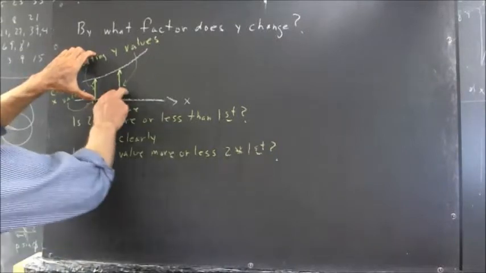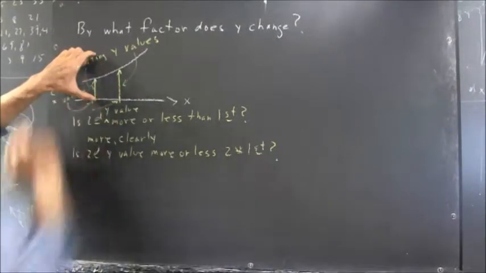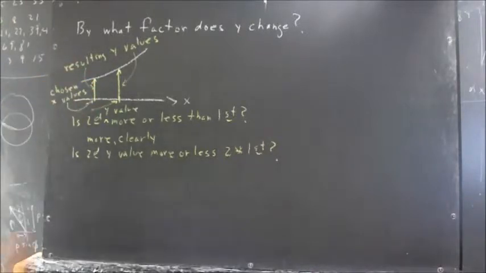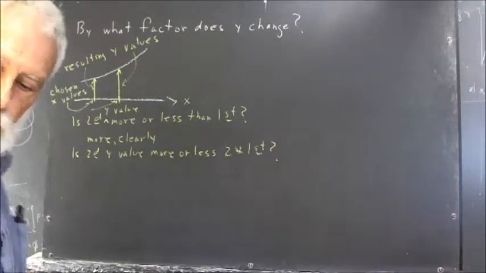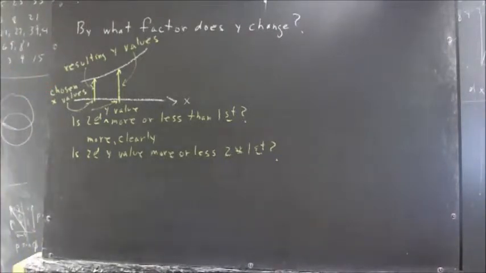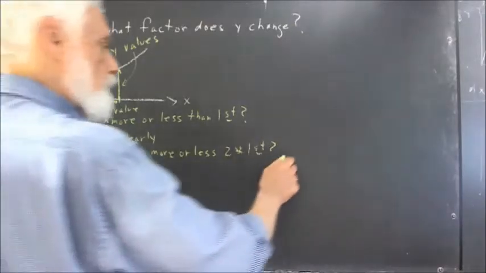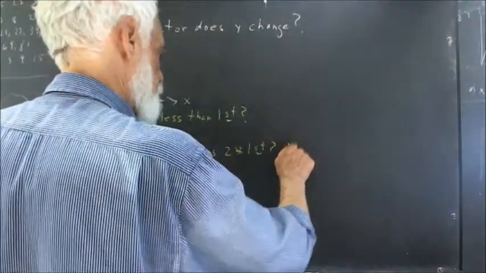So the second y value would have to be this big in order to be twice the first, and clearly that's not the case. It's not that big. So now we need to estimate: is it 1.5 times as big? Well, let's say this is less.